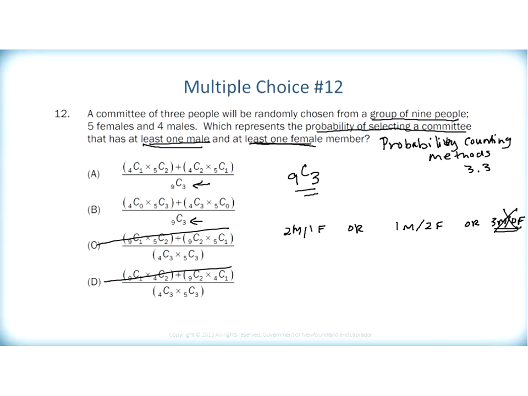So if we have 2 males and there are 4 males to choose from, this would be 4 choose 2, and 1 female, which is 5 choose 1.